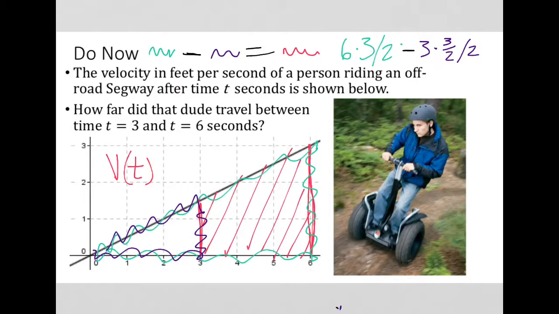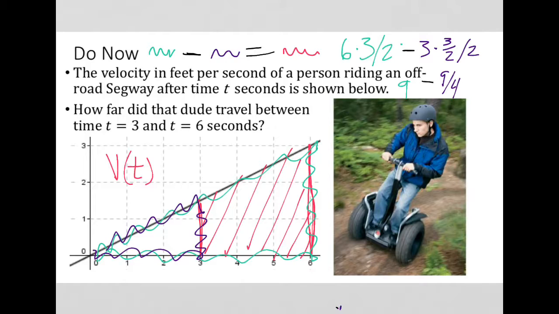So let's simplify this a little bit. 6 divided by 2 is 3, so we have 3 times 3 gives us 9, minus, let's look at what we have. 3 times 3 is 9, divided by 2, and divided by 2 again, and so we end up with 9 fourths. So 9 minus 9 fourths. Let's get a common denominator there to find our pink area.